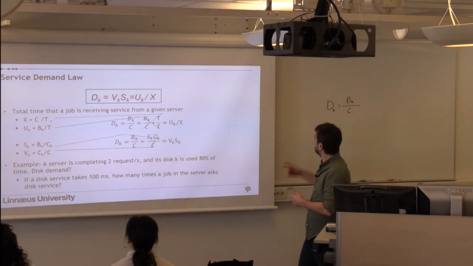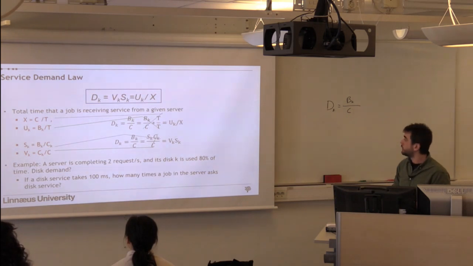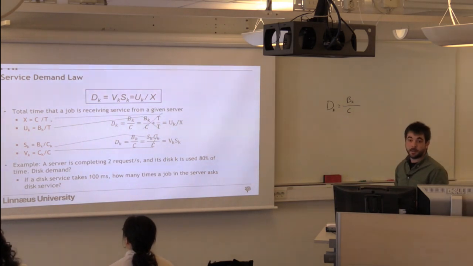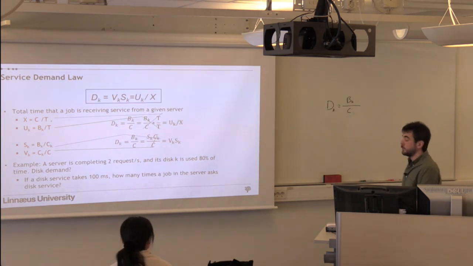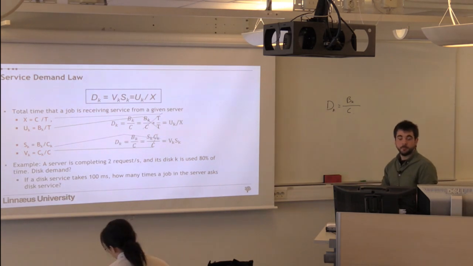So its request needs to execute 0.5. But we may have a service time of 0.1. So it means that the job had to execute 5 times in that center.